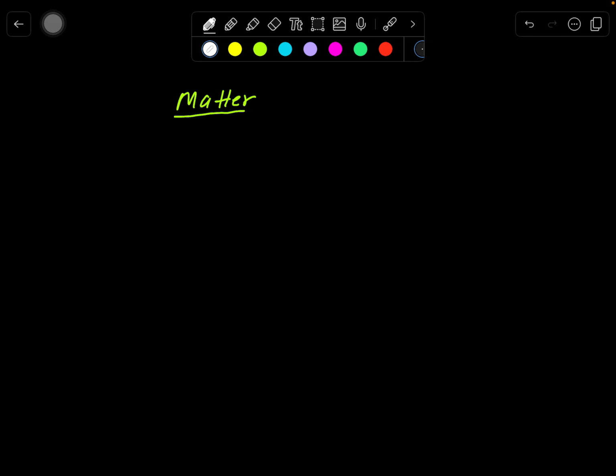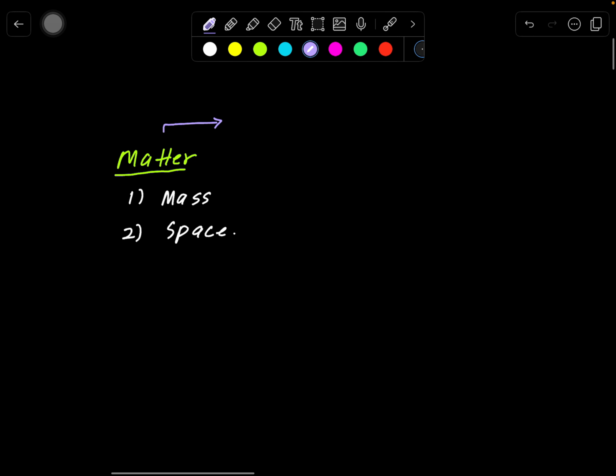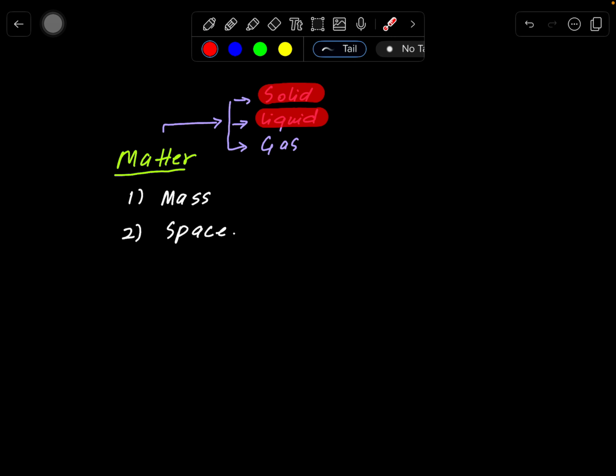Anything that has a certain amount of mass and that occupies space is referred to as matter. And we know that there are three states of matter, the ones that we discuss in this course: solids, liquids, and gases. We know that all of these states have a certain amount of mass and they occupy space.